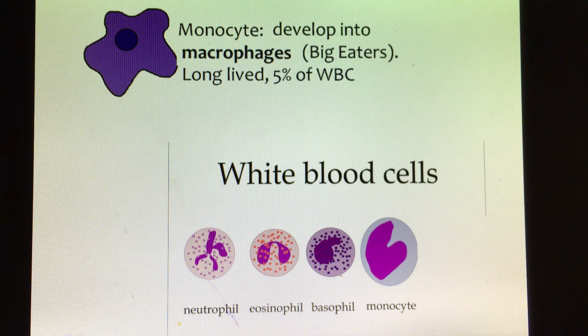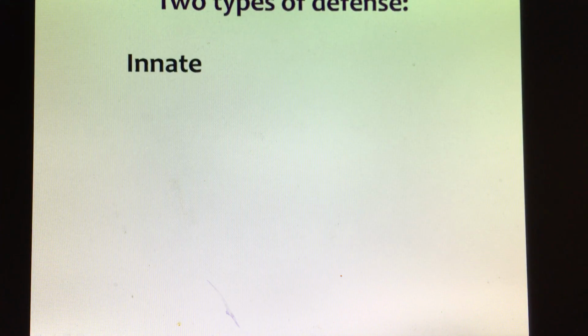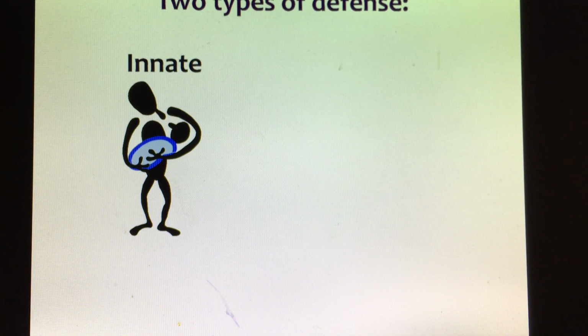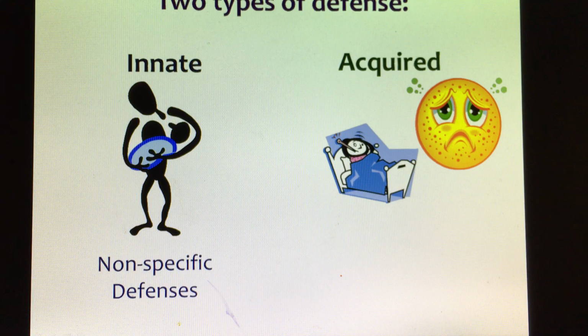These are long-lived and play roles in both our second line of defense as well as our third line of defense, which is with our acquired immunity. Okay, so two types of defense we have. We have innate, which are things you're born with, and there we also have acquired. And an acquired immunity is going to be more specific types of defenses. For example, like the chickenpox.